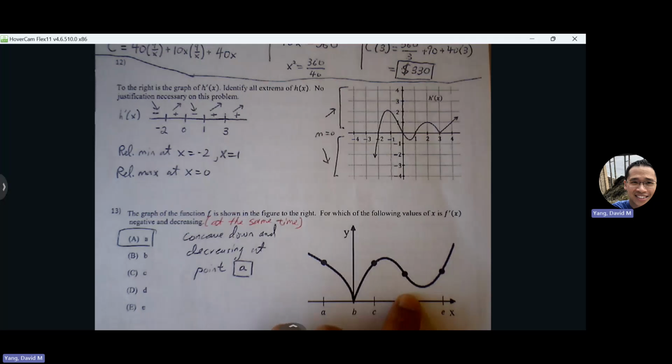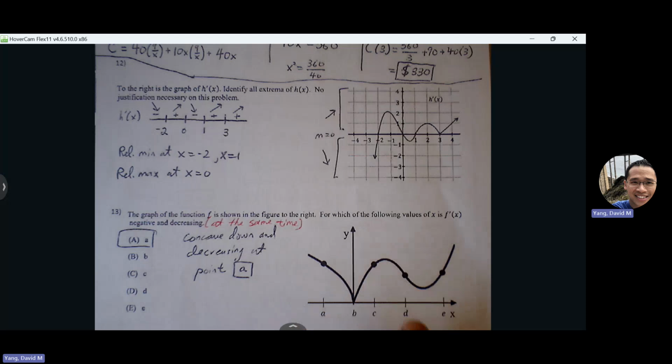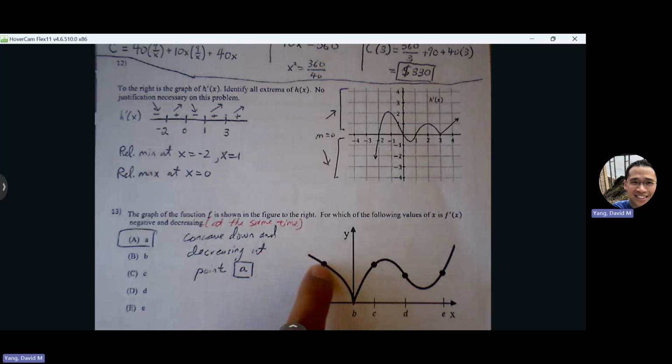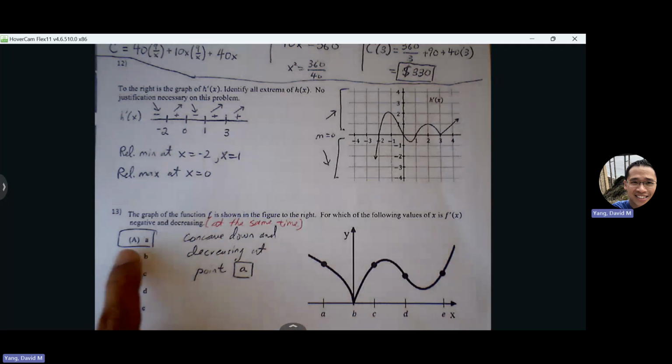So I want decreasing and concave down. So point A is the better fit, even though there are 2 points that look like, first off, this is not, that looks like more of a point of inflection. So that doesn't quite look like concave down. This is concave down to concave up. So this is not as clear, but this one is clearly concave down. So we want negative slope and concave down. That's going to be option choice A.